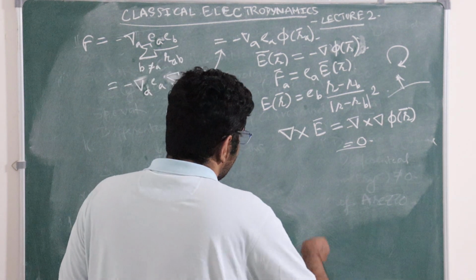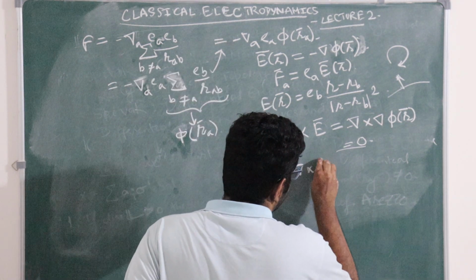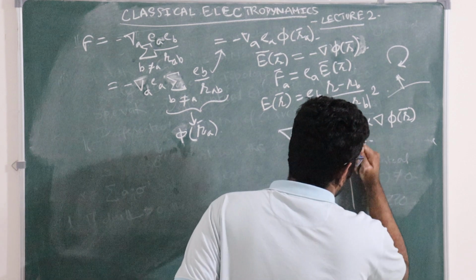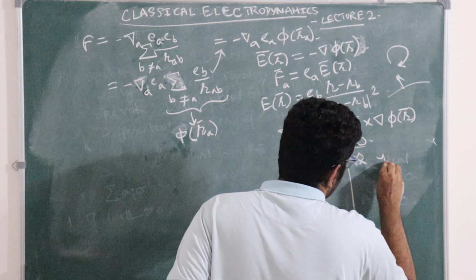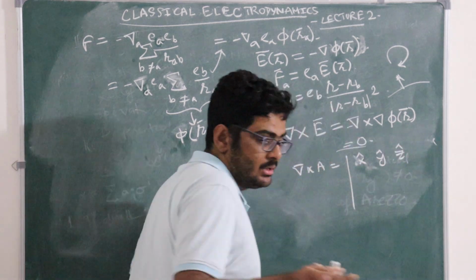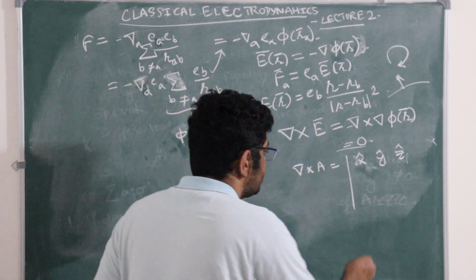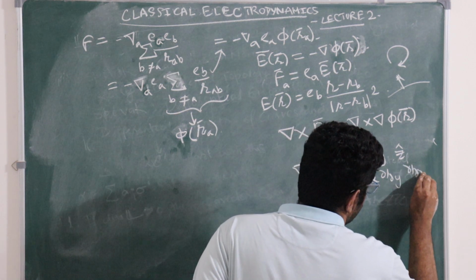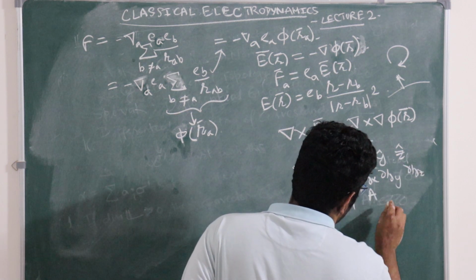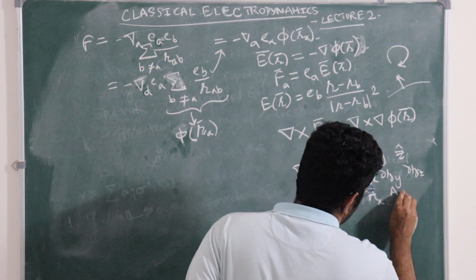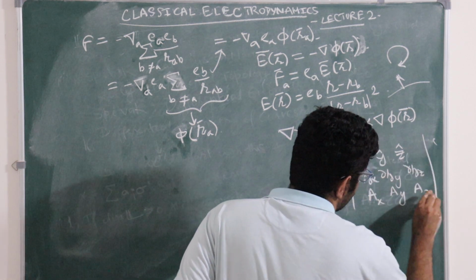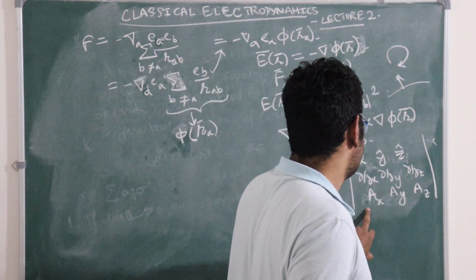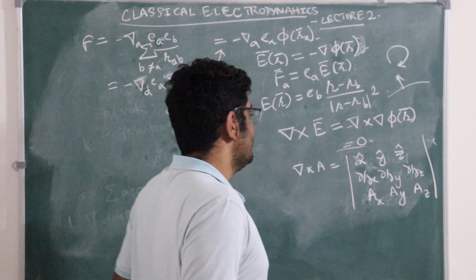We know that the curl of any vector A can be written in a matrix form. For example, I'll do it in Cartesian coordinates: A sub x, A sub y, A sub z are the components in the x direction, y direction, and z direction.